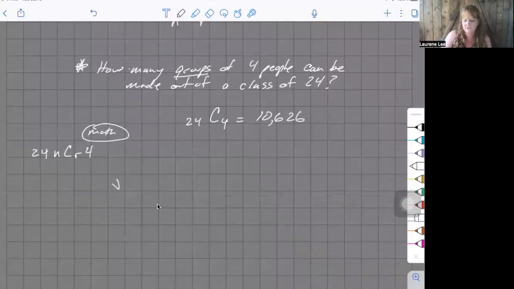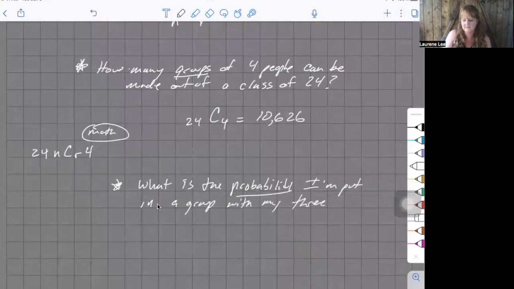What is the probability I'm put in a group with my 3 best friends? Remember probability: how many ways can it occur over the total?